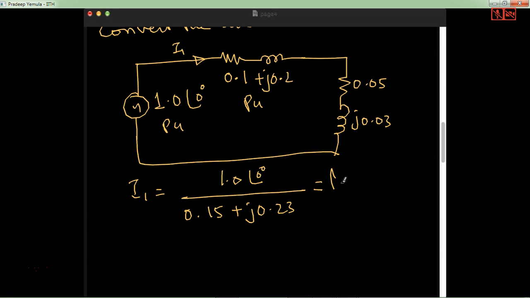So I am getting 1.99 minus J3.05. So this is the current in per unit.